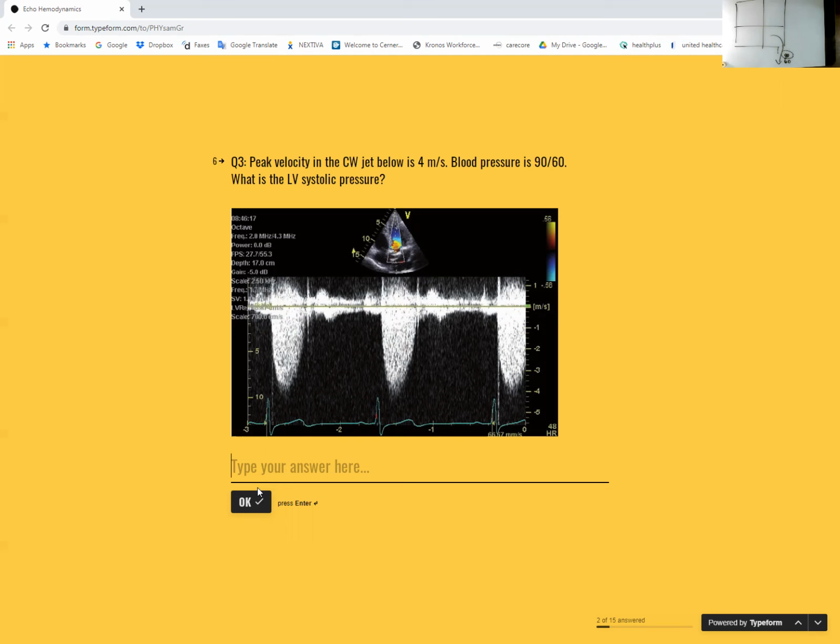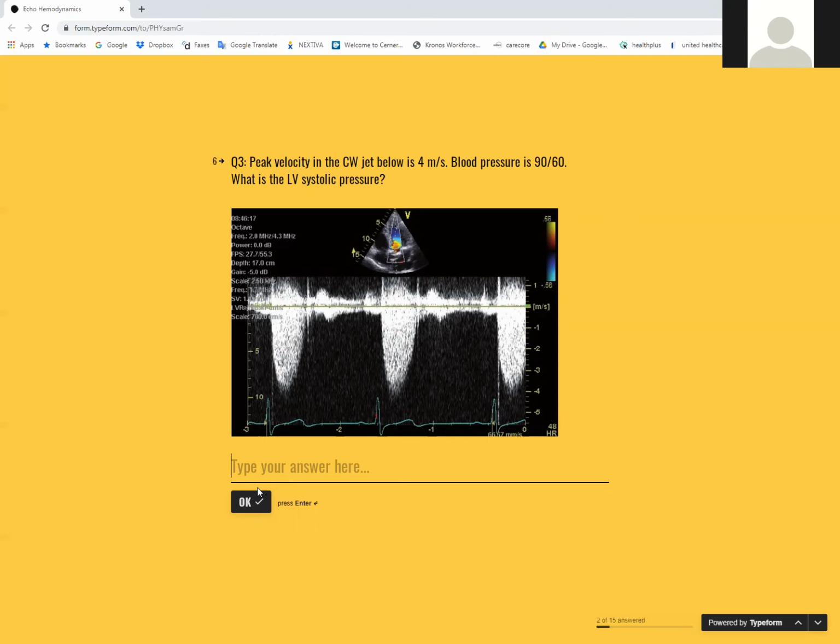How would we approach this problem? So this is CW across the aortic valve. Okay, great. So what's the pressure drop across the aortic valve? 64, good. And then you add 64 to 90.